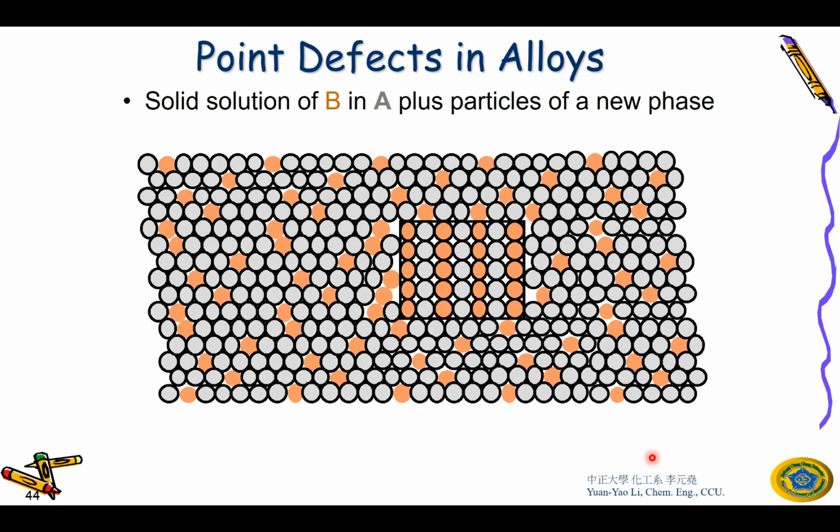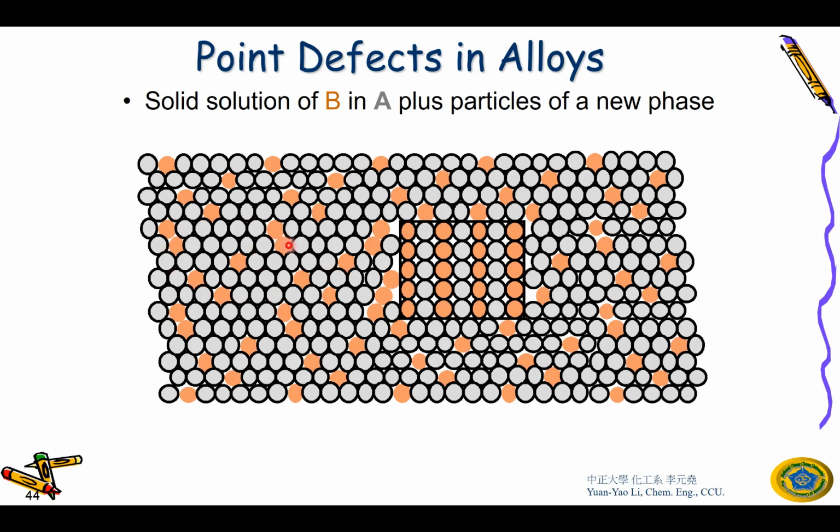Right. I hope you still remember we talked about intermetallic compound. So this is the example of the solid solution of B in A plus particles of a new phase. This is the new phase. Can you see that? The red B is here, A is here. The packing of these two types of atoms here is very different from there.